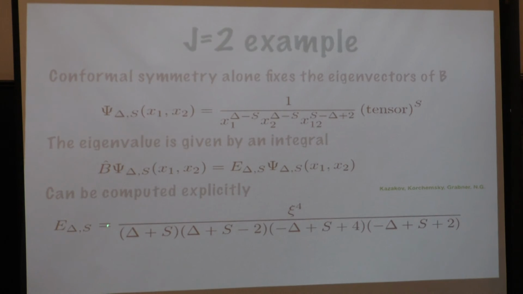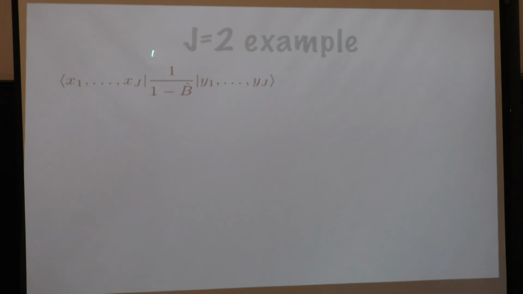Now notice that delta so far is completely arbitrary, it's just a parameter of this wave function. So what you have to do, in simplified terms, is insert the complete set, the resolution of identity in terms of the eigenvectors, and replace B by the eigenvalue.